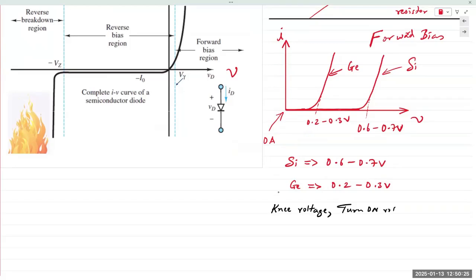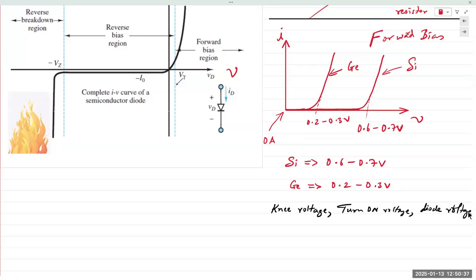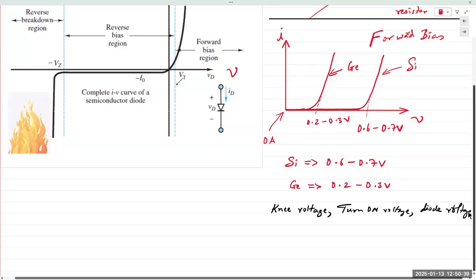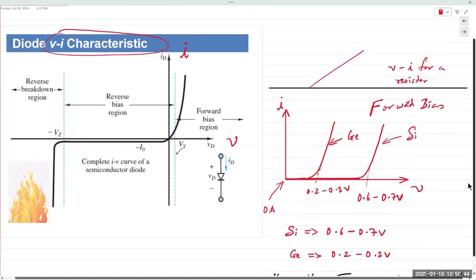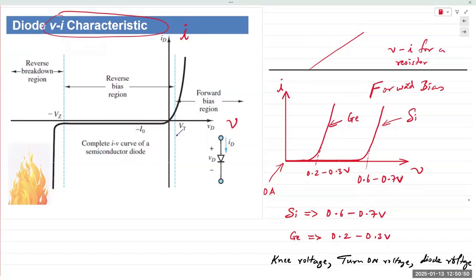Technically, it would be the diode turn-on voltage. And we will simply refer to it as VD, diode voltage, VD.